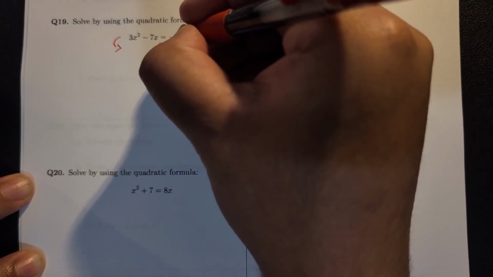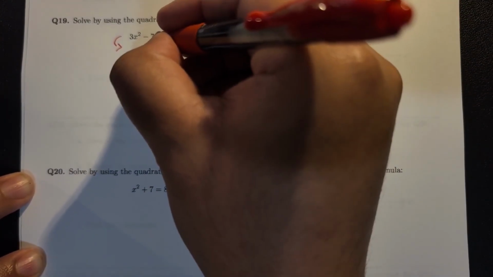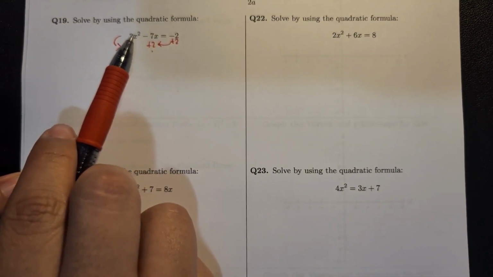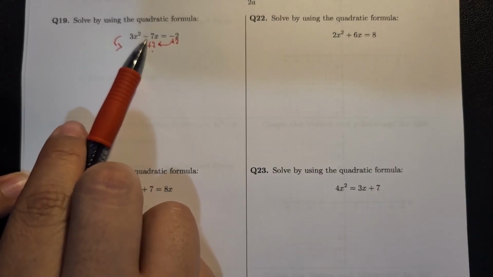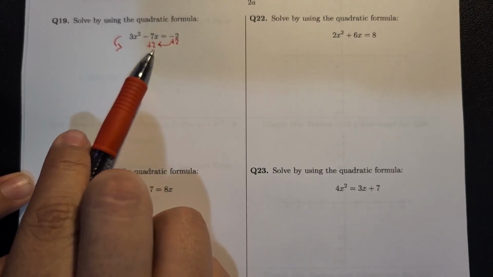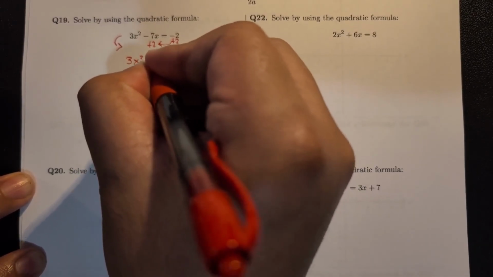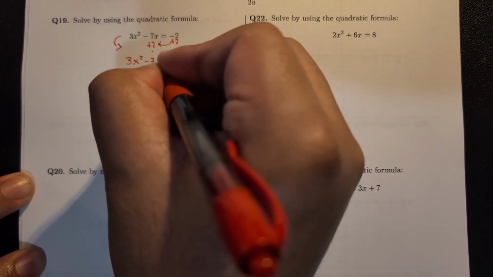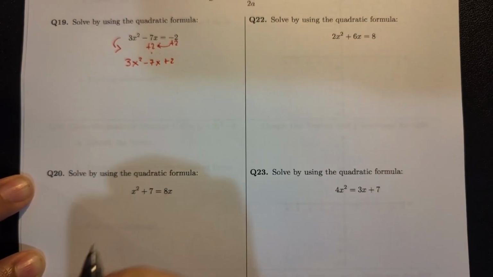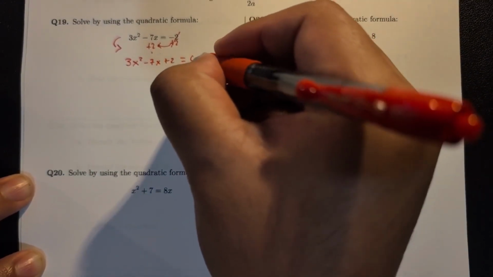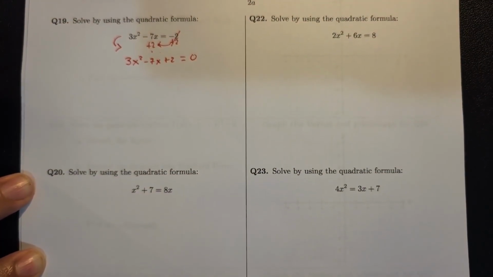Well, I need to do a positive 2 on both sides. I cannot combine this positive 2 with this 3x squared or with the negative 7x, so it's going to stay as a positive 2 on the left side. On the right side, a negative 2 and a positive 2 is equal to 0.